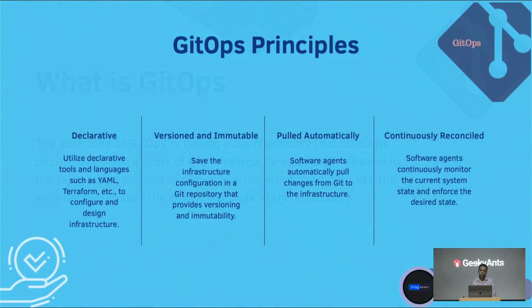One of the core principles of GitOps is being declarative. What it means is, when we write infrastructure as code, we would like it to be in the form of either a language or a platform such as Terraform, wherein you write code, not code per se like Python or Java, but you define the infrastructure configurations using YAML and Terraform or any of that IaC for that matter.